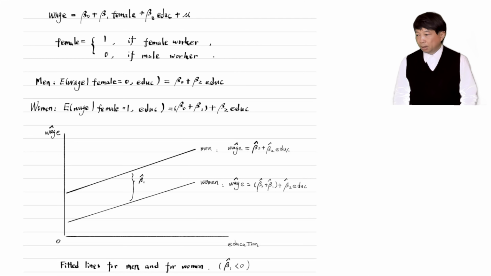On the other hand, we know that the slopes of the fitting lines are the marginal effect of education on wages, that is, the return to education. The two fitting lines for men and women are parallel, meaning that we assume the return to education is identical for males and females.